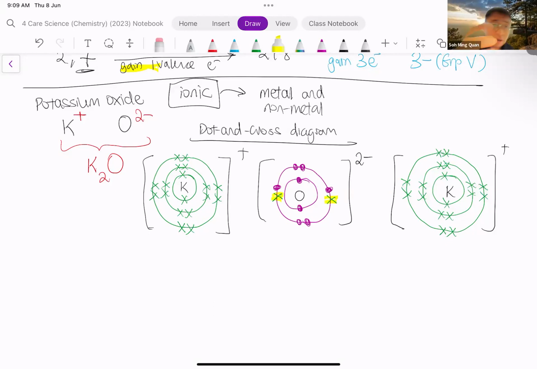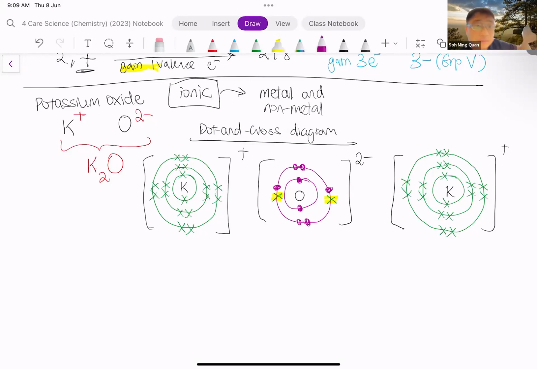If you notice, what I have done very intentionally is to make potassium's electrons crosses and oxygen's electrons dots. That's why it's called a dot and cross diagram. It is to symbolize that these electrons had come from different atoms, and the 2 electrons gained by oxygen came from potassium originally. So this is the dot and cross diagram for potassium oxide.